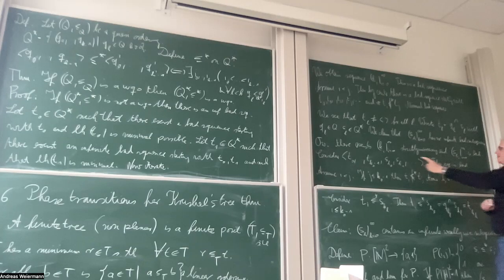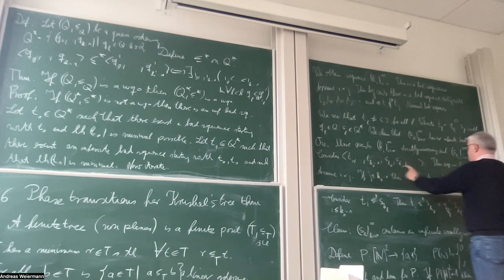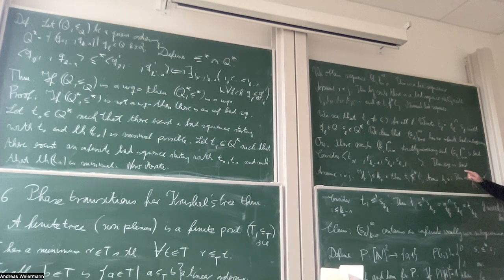So there exists this sequence, that's fine. Now we have found this one, and I claimed that this sequence is bad. That was correct. But now even this bad sequence gives a contradiction.